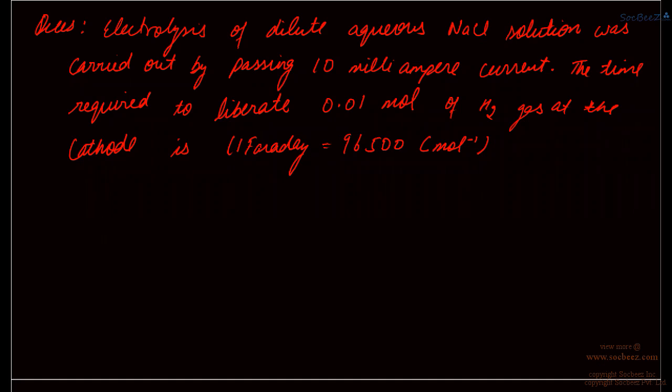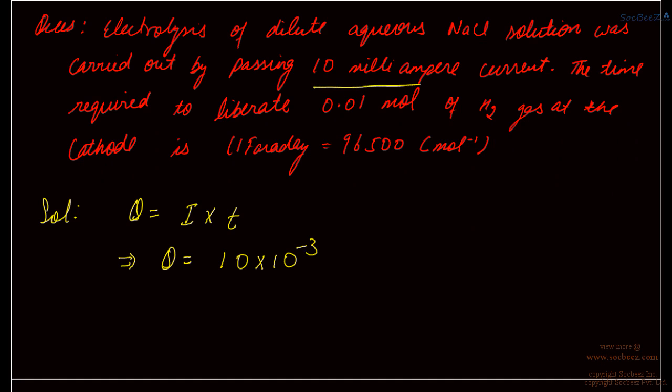Now we know that Q equals I into T. So from here the value of Q is 10 into 10 raised to the power minus 3, since 10 milliampere current is passed, into time, that is T. So the value of Q is 10 raised to the power minus 2 into T.